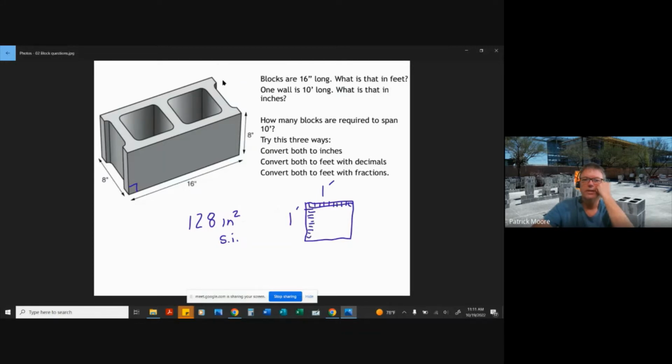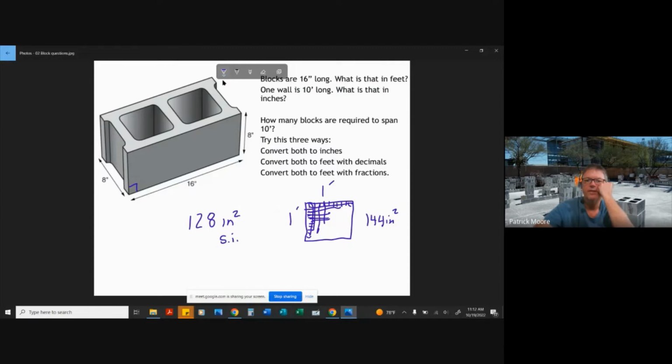And if you did all the inches out like that, and you counted all the squares in there, 12 times 12 would be 144 inches squared. So does this block have more than a square foot or less than a square foot? Well, it has 128 square inches, and a square foot has 144 square inches. So this has less than a square foot.